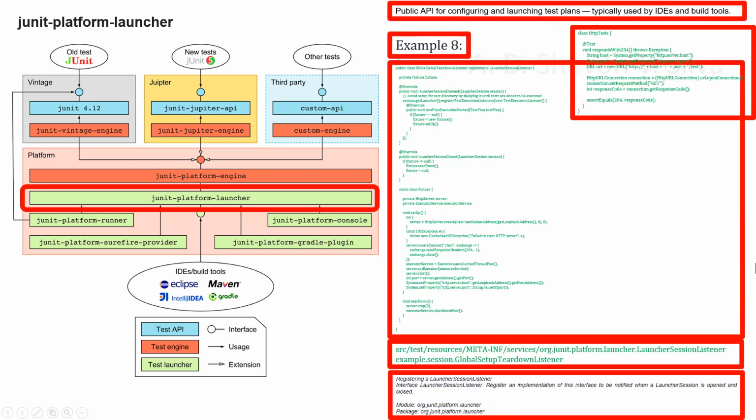As an example 8, we can consider this code segment registering a launcher session listener. The interface LauncherSessionListener: register an implementation of this interface to be notified when a launcher session is opened and closed. This is in the module org.junit.platform.launcher and package org.junit.platform.launcher.